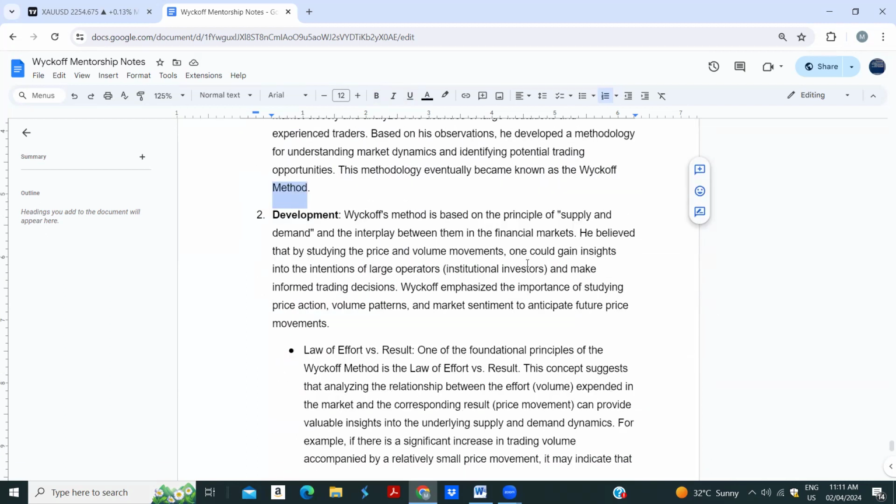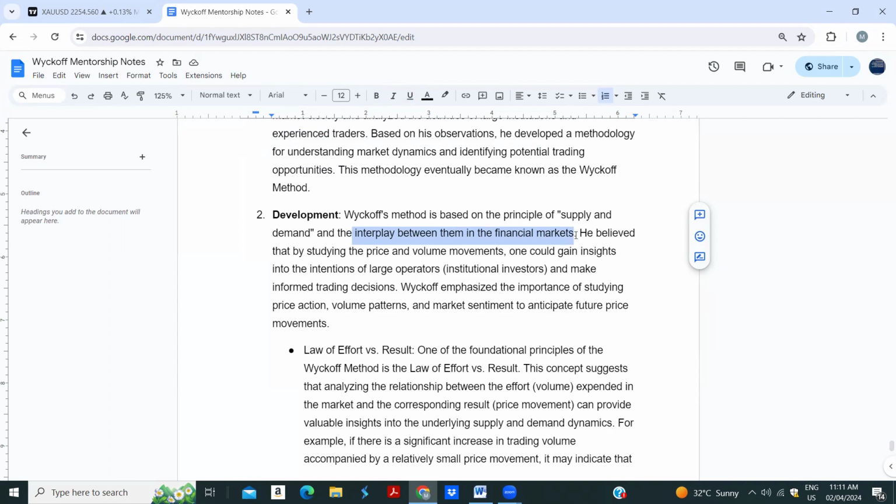So now we're gonna see the development of the Wyckoff method. The Wyckoff method is based on the principle of supply and demand, and the interplay between them in the financial markets. So the basic foundation of the Wyckoff method is laid upon the principles of supply and demand and how the supply and demand dynamics interplay between each other within the financial markets landscape.